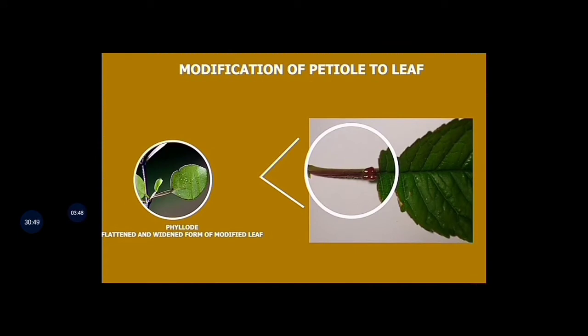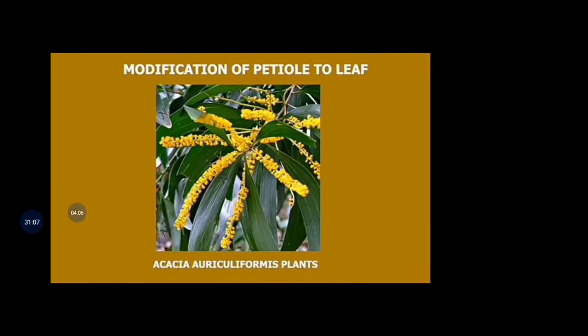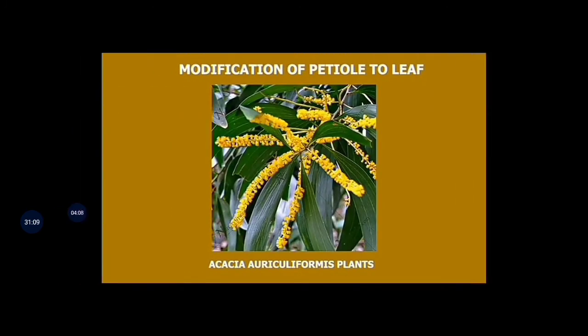This is the modified form of petiole to leaf. It is present in the plant called phyllodes. These phyllodes are responsible for doing photosynthesis and also exchanging gases. One more example for this petiole to leaf is Acacia auriculiformis plants.